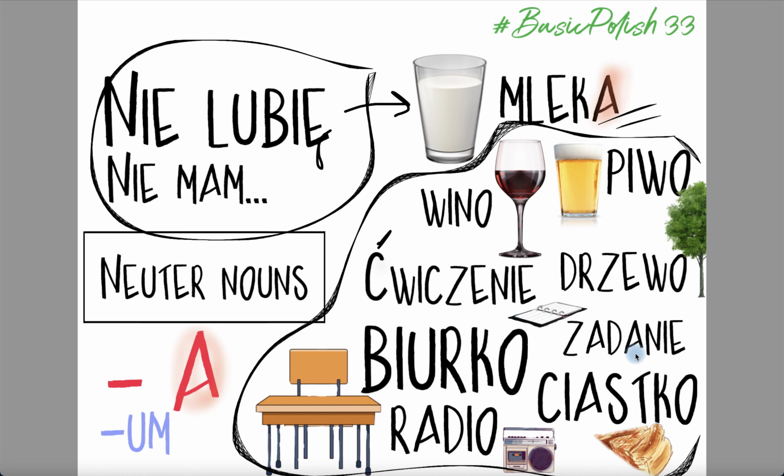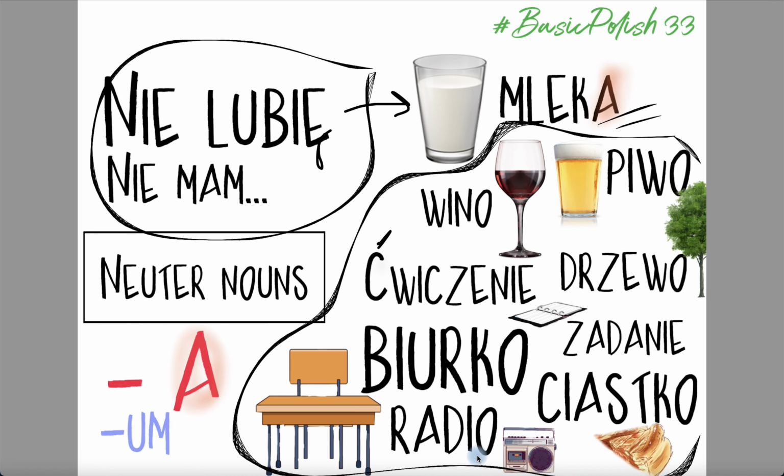I don't have a desk. Nie mam biurka. I'm not sure if we had that noun previously in the lessons, but that's the word for a desk. So biurko, biurka in genitive. I don't have a radio.